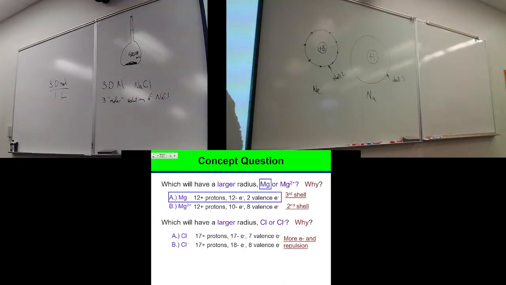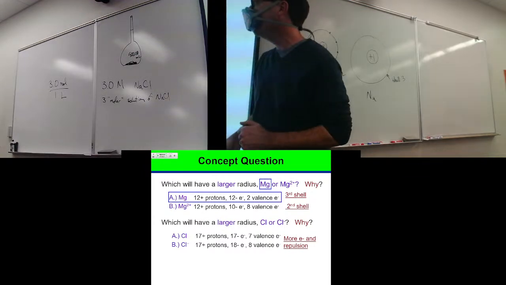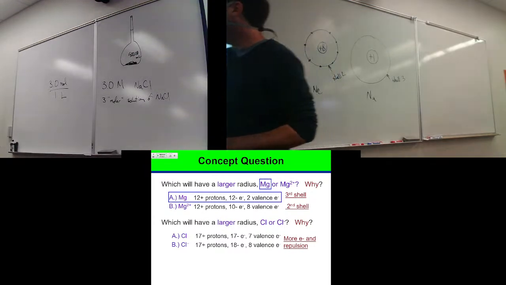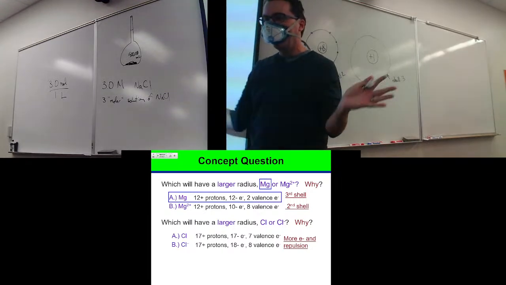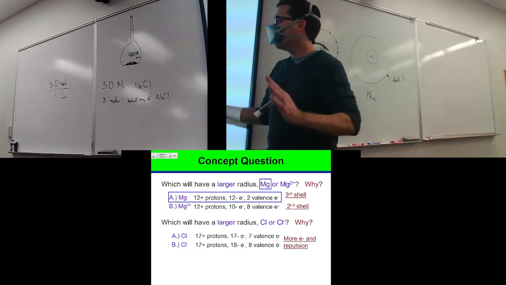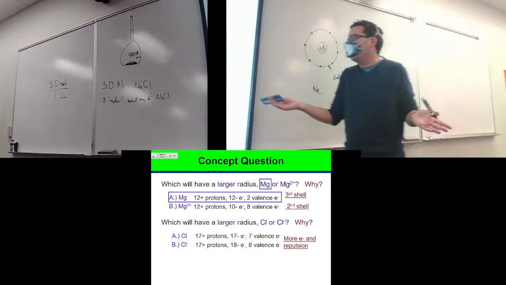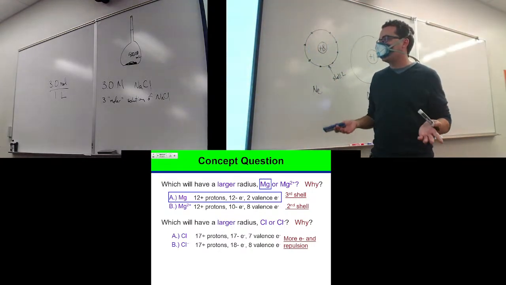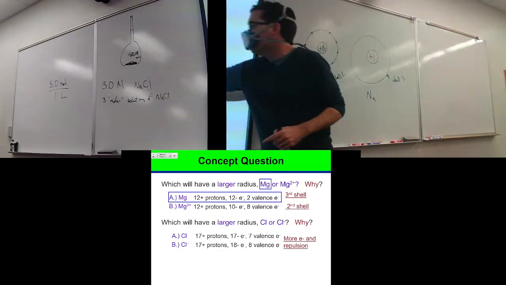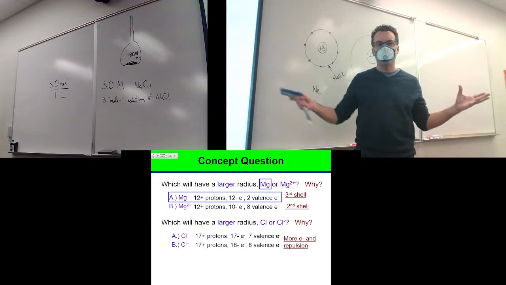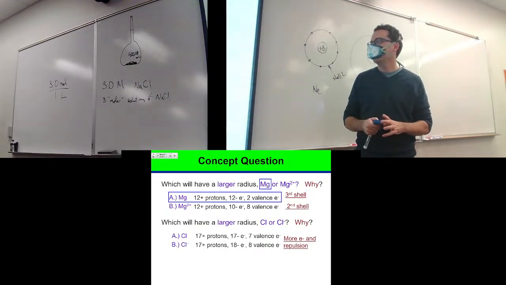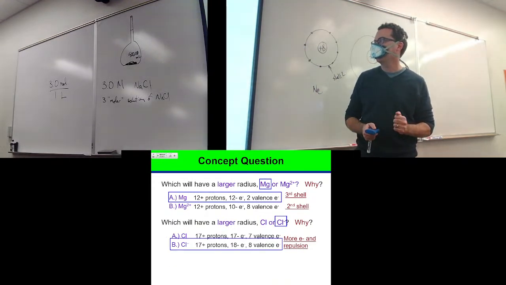Chlorine has 17 electrons, Cl minus, chloride, has 18 electrons, but that extra electron is going into the same shell. So shell-wise, they're about the same. So the only thing we could talk about that makes a difference between them is slightly more electrons means more electron-electron repulsion, which makes it slightly bigger. So Cl minus is slightly bigger. Okay.